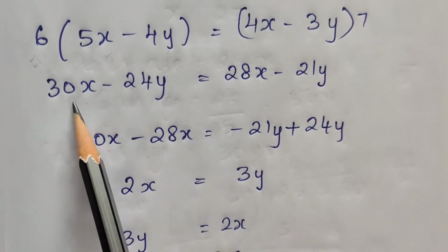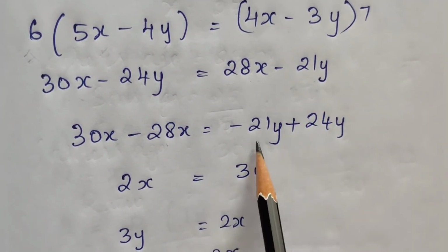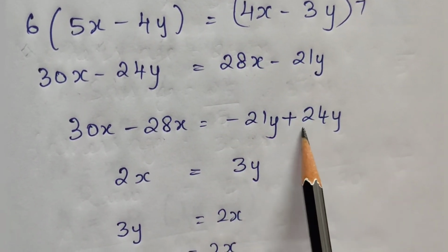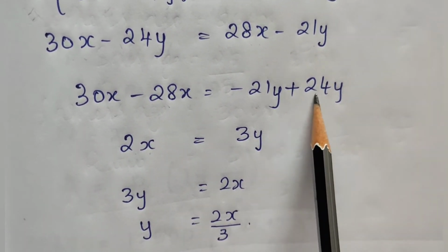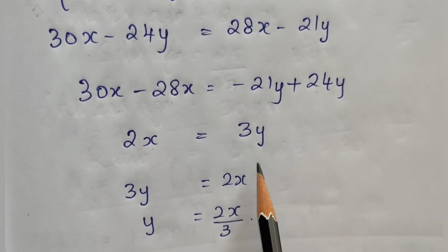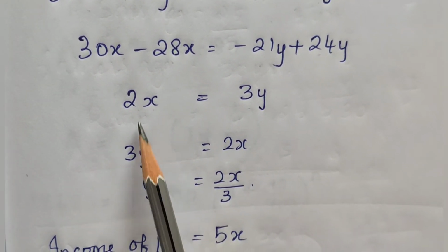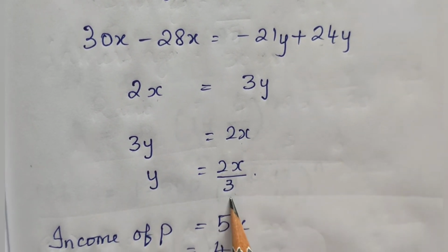X all in one side: 30x minus 28x is equal to minus 21y plus 24y. 30 minus 28, 2x. 24 minus 21, 3y. Now we can equate 3y equal to 2x. Therefore, y is equal to 2x by 3.